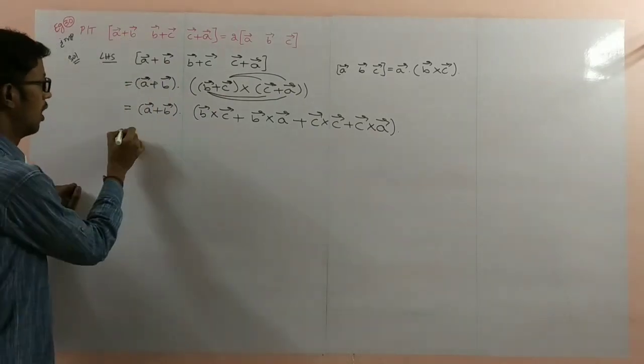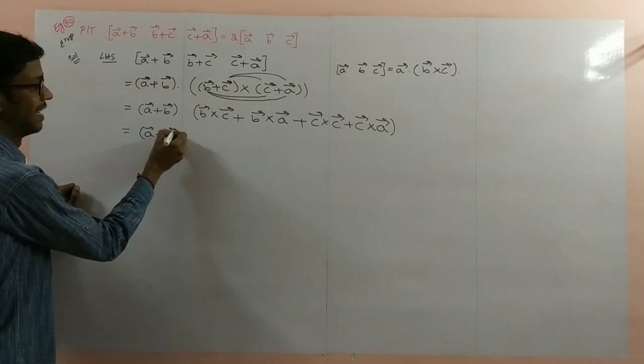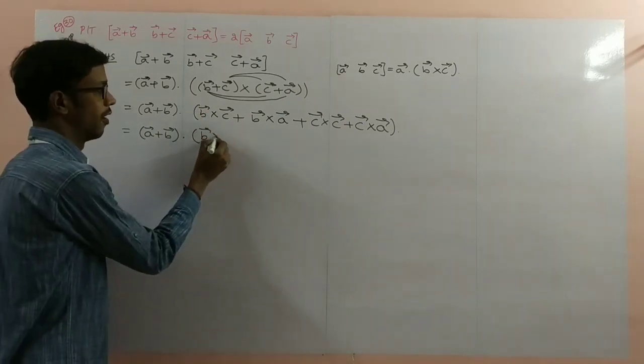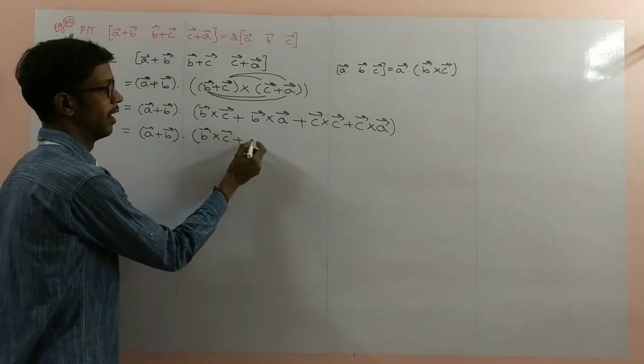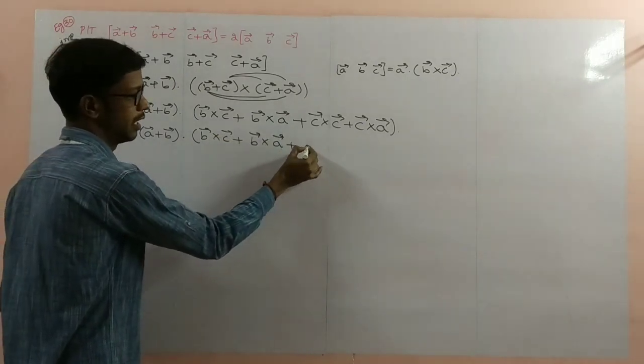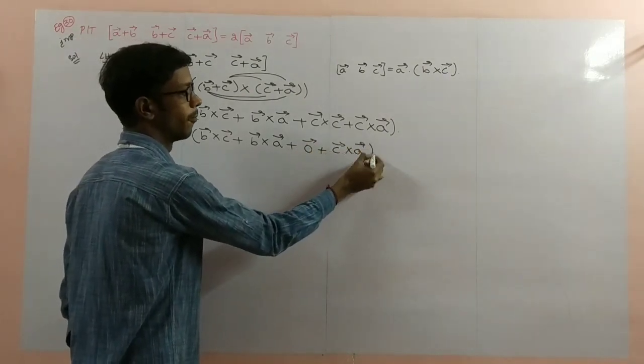So now I'll write down this one: A bar plus B bar as it is, dot product with B bar cross C bar plus B bar cross A bar plus 0 bar plus C bar cross A bar.